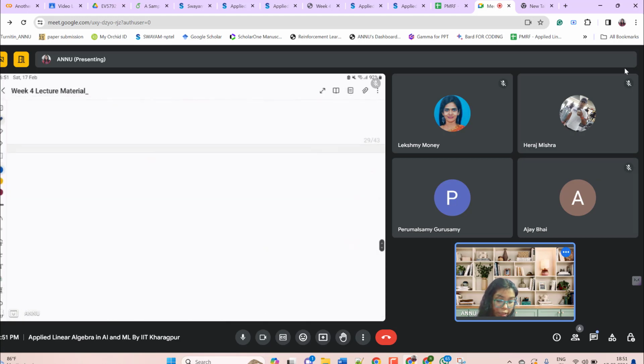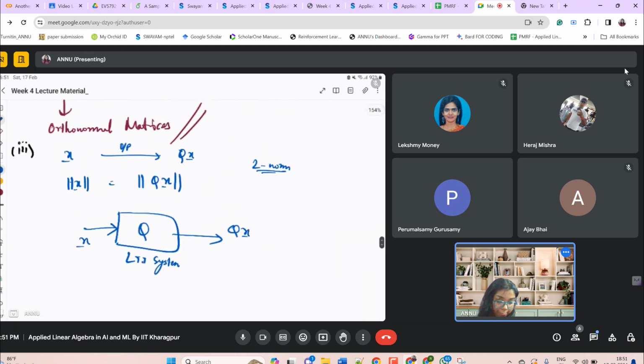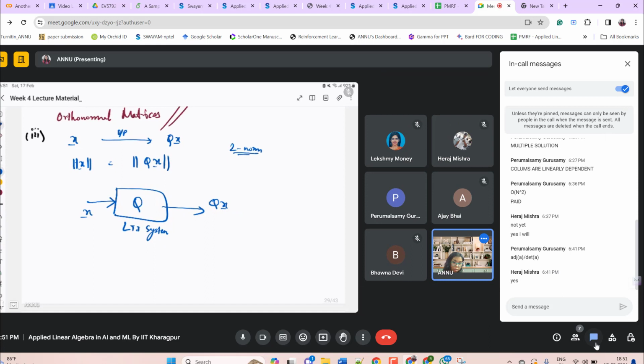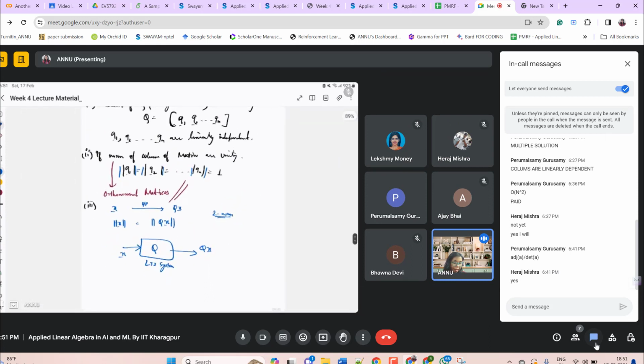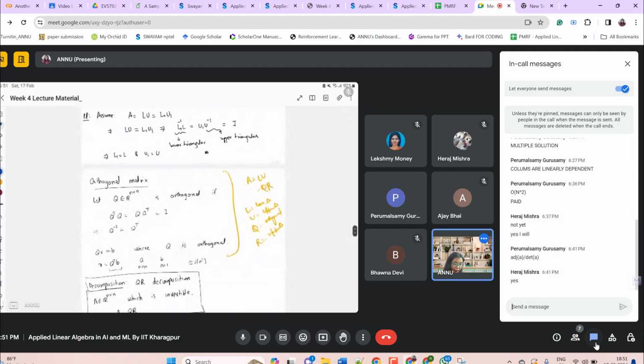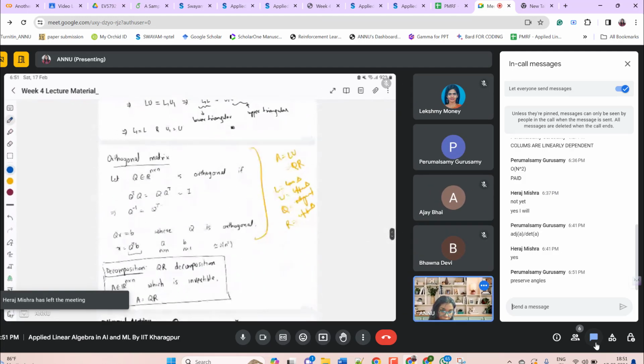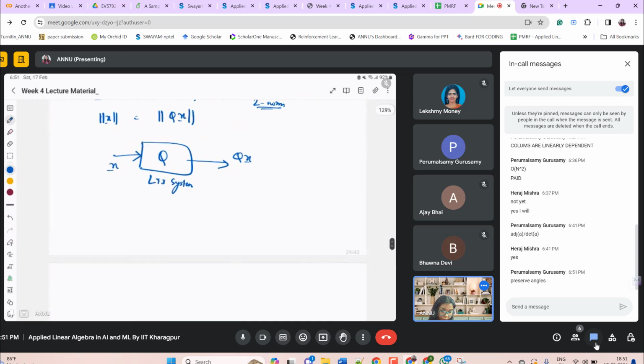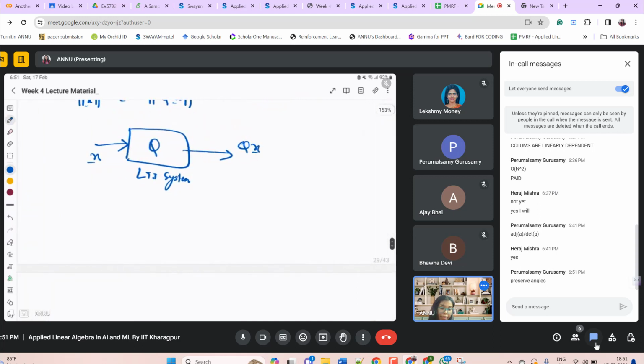What is the other property and the last property of orthogonal matrix? Anyone would like to tell me? Yes, preserve angles. Can you tell me in the form of equation? So Goswami is right, as we can see from the figure.